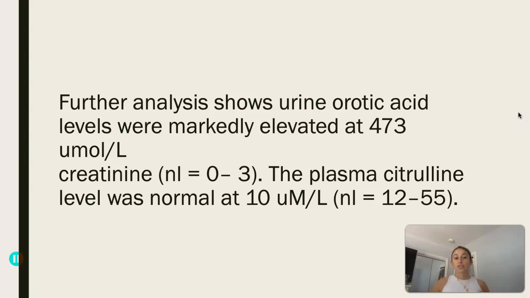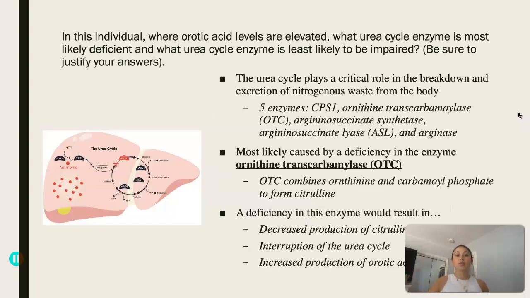So further analysis shows that uric acid levels are elevated and plasma citrulline levels are remaining normal, but within the lower range, the lowest being 12 and it's 10. So in this individual where uric acid levels are elevated, what urea cycle enzyme is most likely deficient and what enzyme is least likely to be impaired?